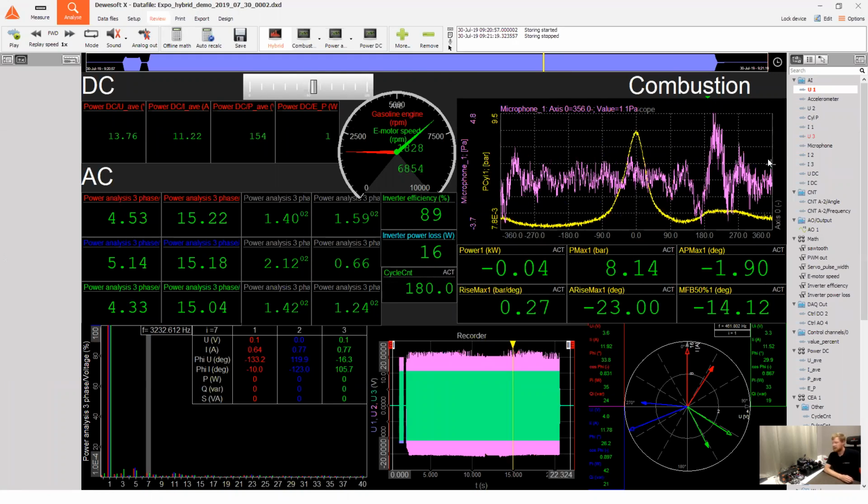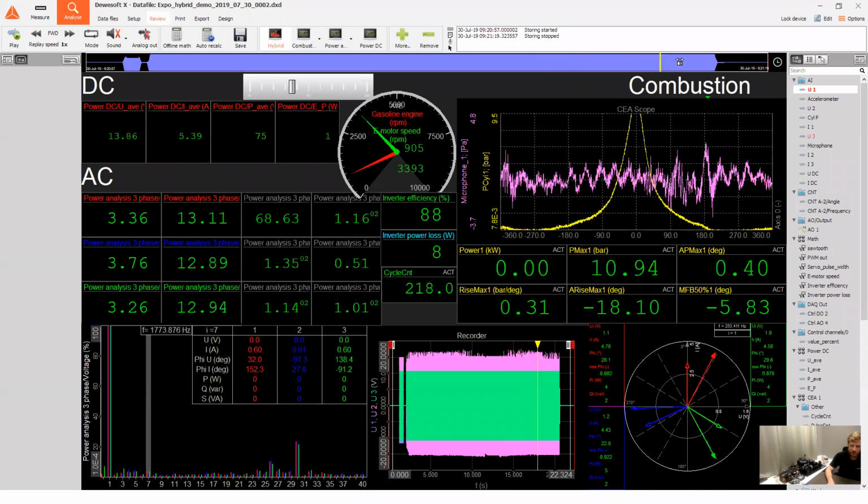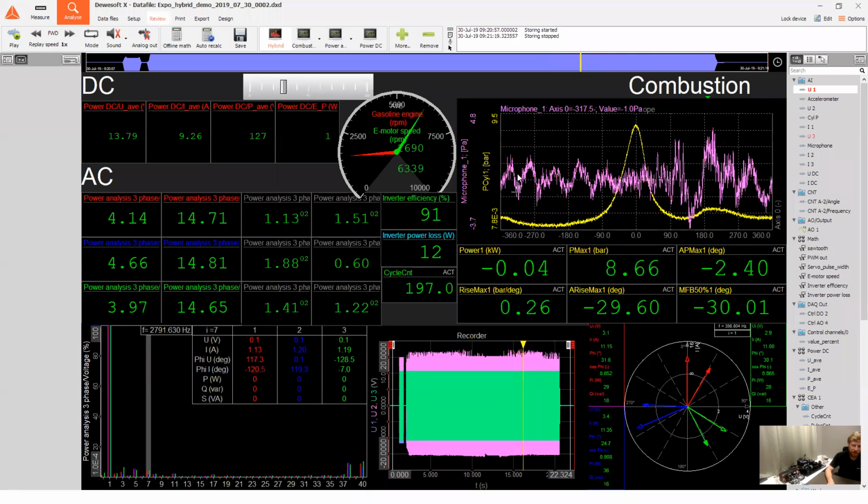The microphone was closer to the exhaust, and we can see when the exhaust opens after the combustion phase, there is an increase in the sound. We can also correlate, if we are doing measurements on different positions of the engine, where the noise is coming from, and in which position we have this high pressure or an increase in sound.